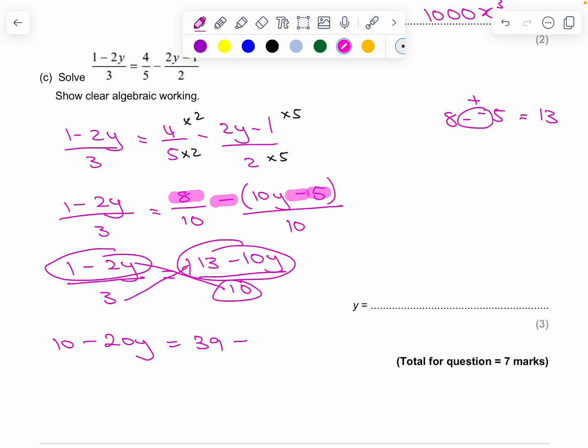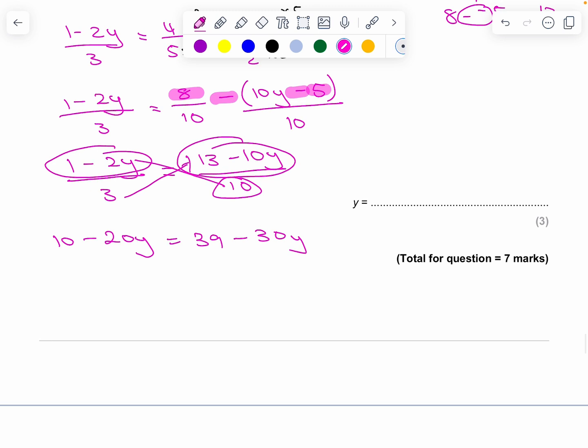Take away 3 times minus 10y, which is 30y, minus 30y. And then I'm going to solve it as normal.